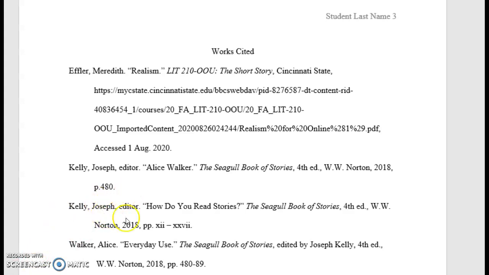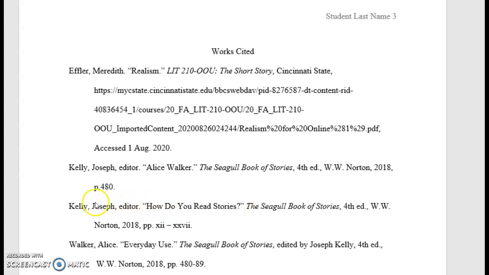Similarly, for this next citation, the student needed to use some information from the How Do You Read Stories introduction at the beginning of the textbook. You would use this for the biographical sketches if you were looking at those in the back of the textbook. It's just that chapter that explains maybe some of the literary terms, reiterates how to discover theme, etc. And so you might be pulling ideas from there and you'd want to cite that source.